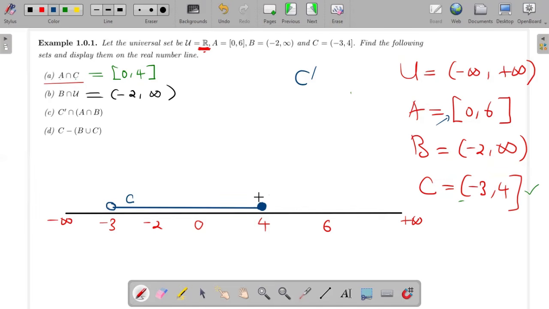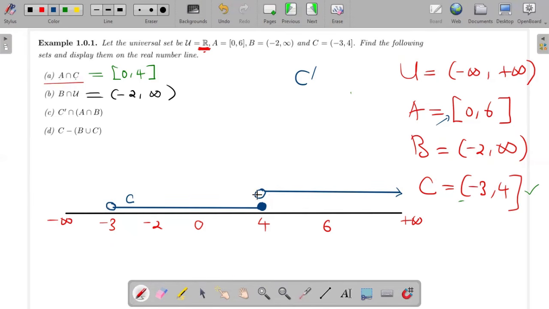So I'll draw an open circle on top of this 4, and then go this side to infinity like that. At the end here, you can put an arrow, or you can put an open circle. It's the same.